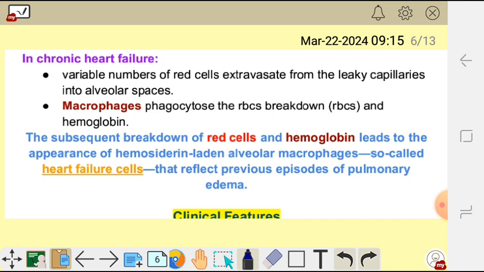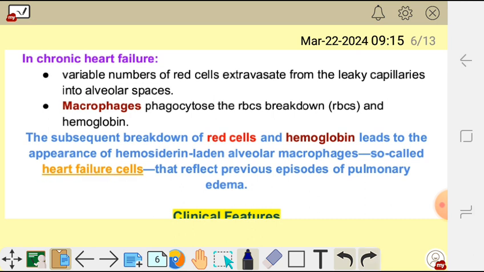Breaking down of those red blood cells and the hemoglobin will lead to macrophages being laden with hemosiderin. Hemosiderin will be accumulated in the macrophages, and these macrophages are what we call heart failure cells.